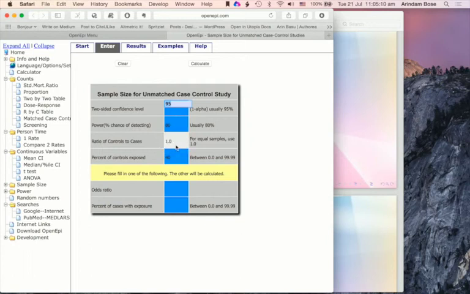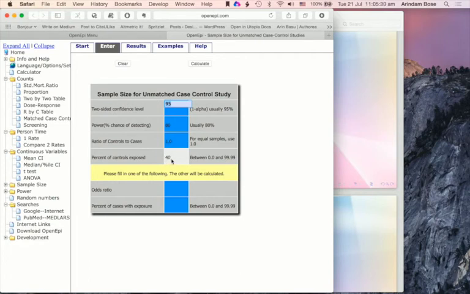And the ratio of cases to controls: in this particular case, we are going to put together a case control study, and the ratio of cases to controls is 1. And in this situation, let's say we would expect that only 40% of controls will be exposed to the area of interest, say environmental tobacco smoke.